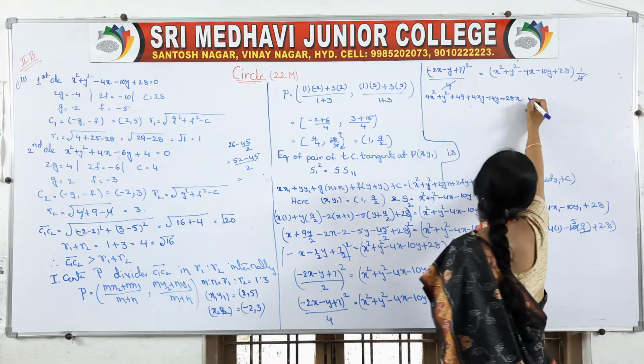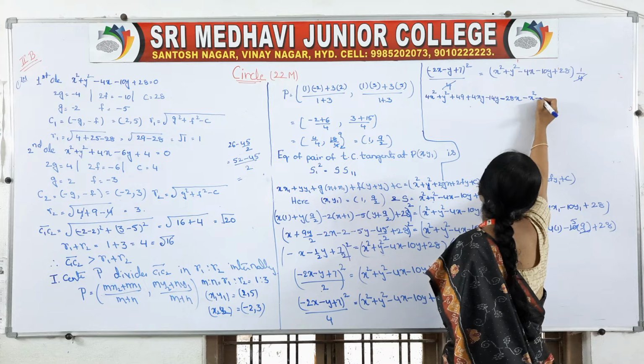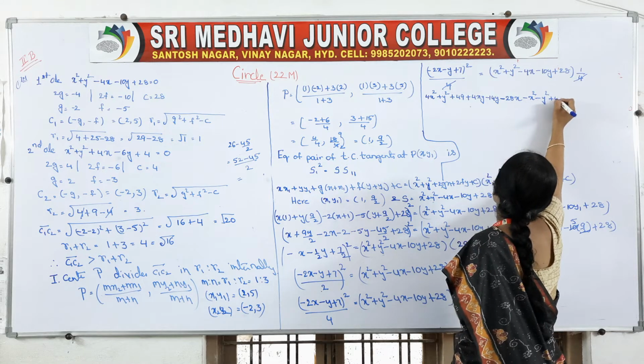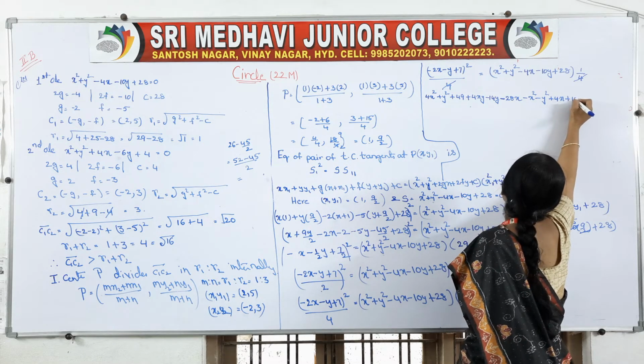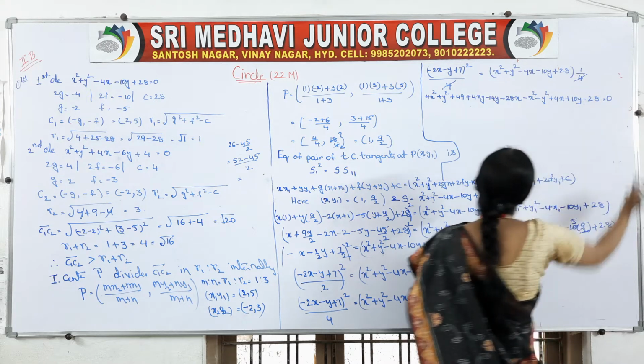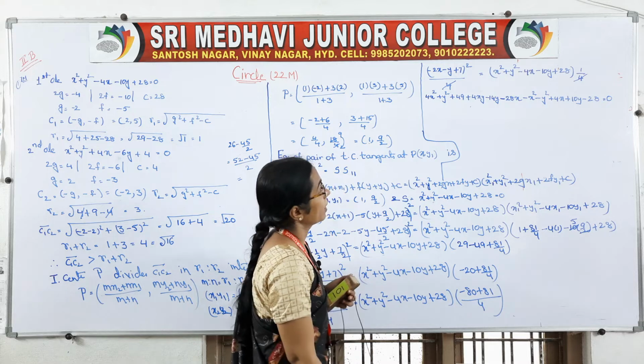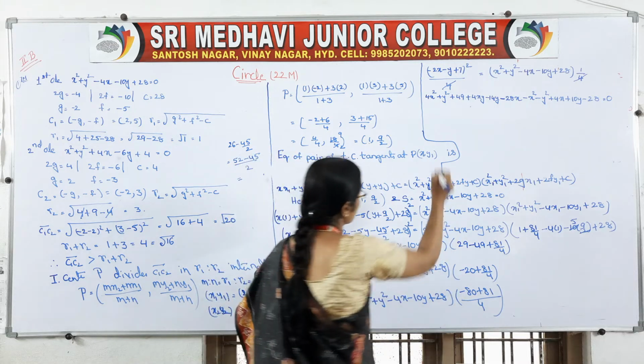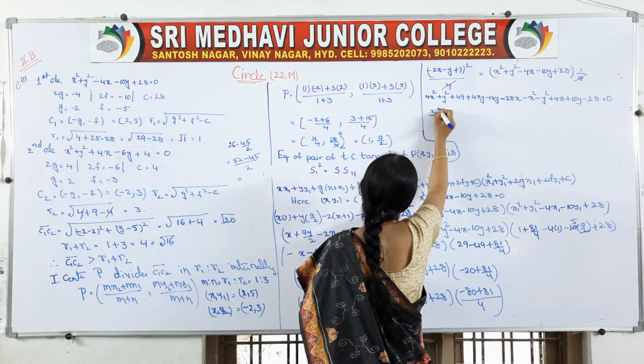Now bring all the values to this side: minus x square minus y square plus 4x plus 10y minus 28 is equal to 0. So 4x square minus x square is 3x square.